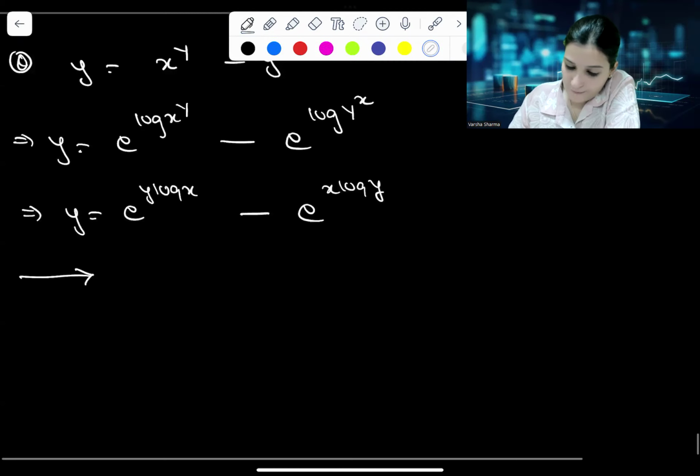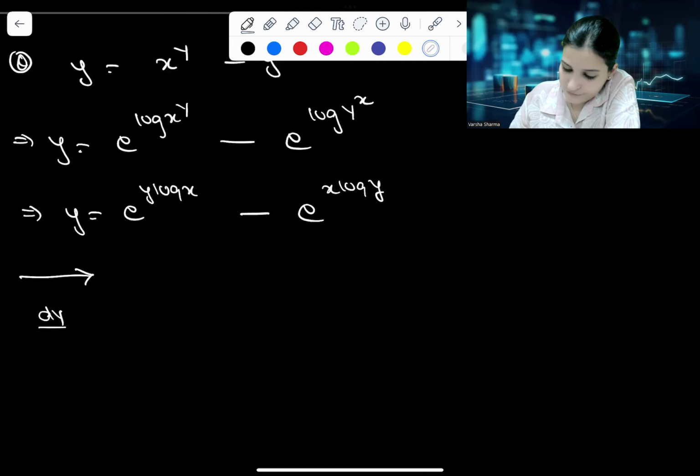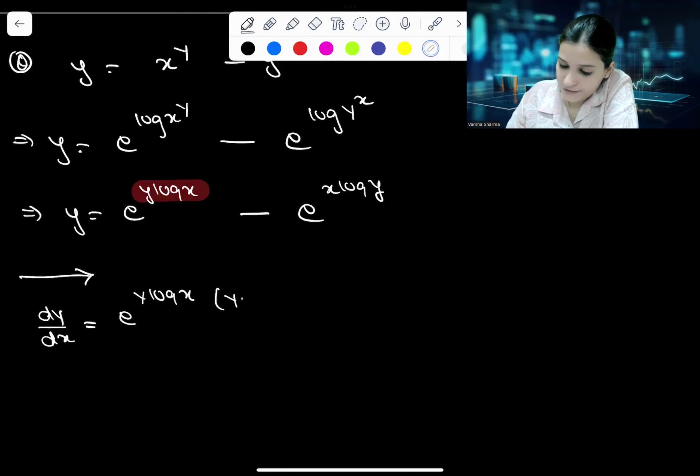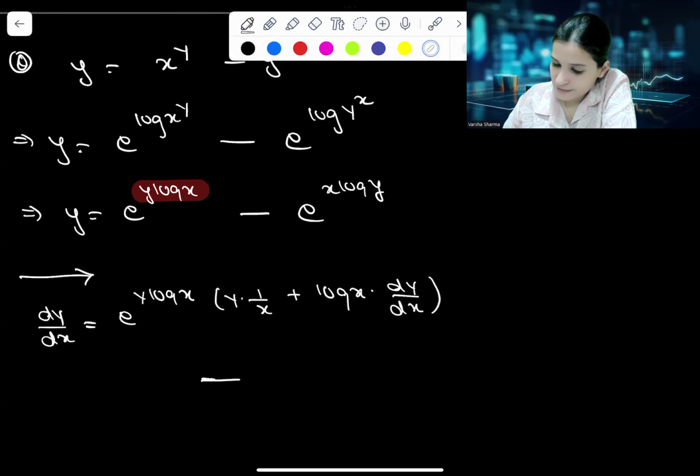Differentiating both sides. e power y becomes dy by dx. e to the x is e to the x, so applying chain rule here: y into 1 by x plus log x into dy by dx, minus e to the x is e to the x.